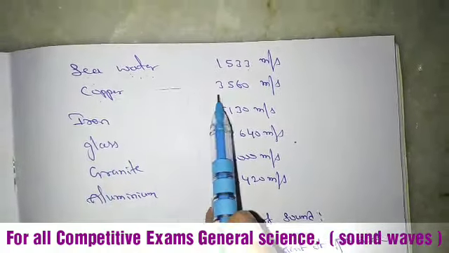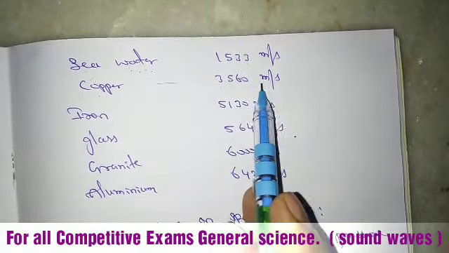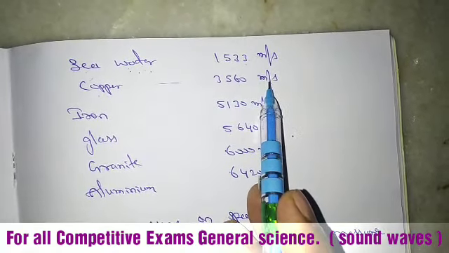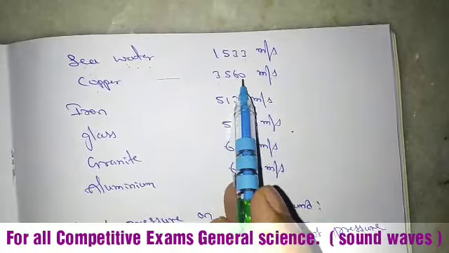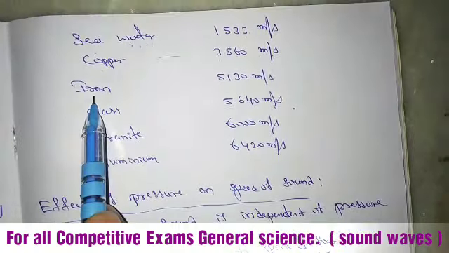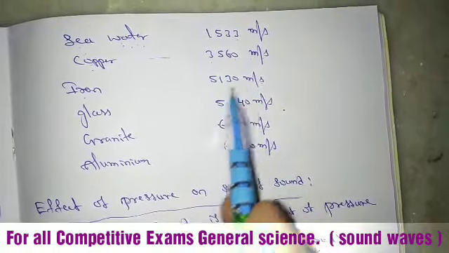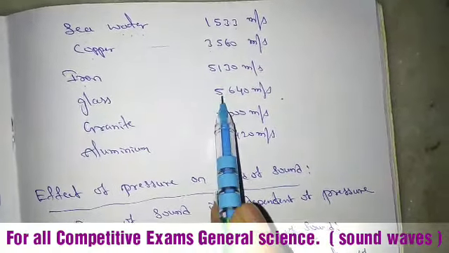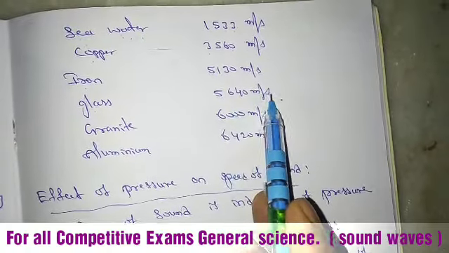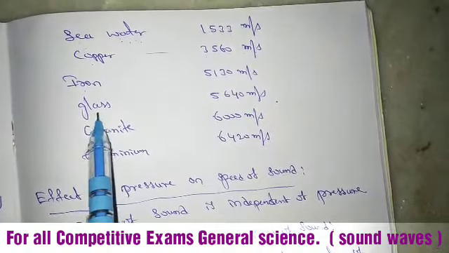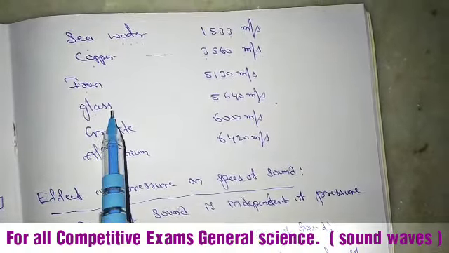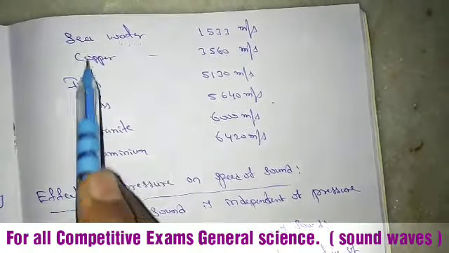In copper, the speed of sound is 3560 meter per second. And in iron, 5130 meter per second. And in glass, 5640 meter per second. So in the glass medium the speed of sound is more compared to all the others I discussed.